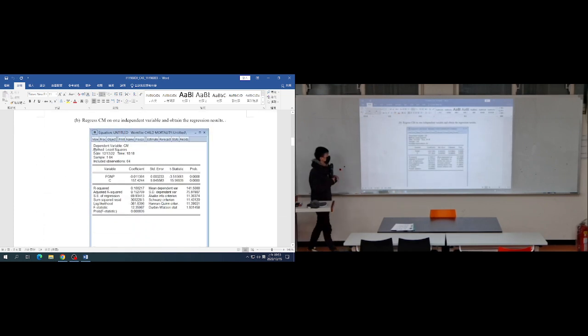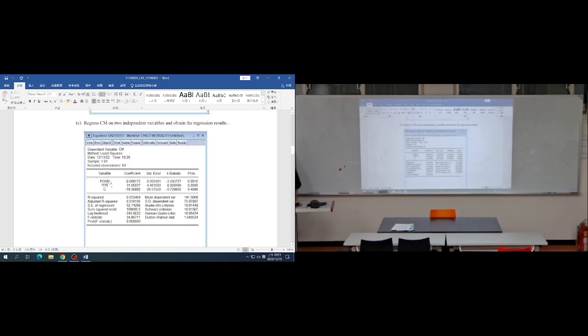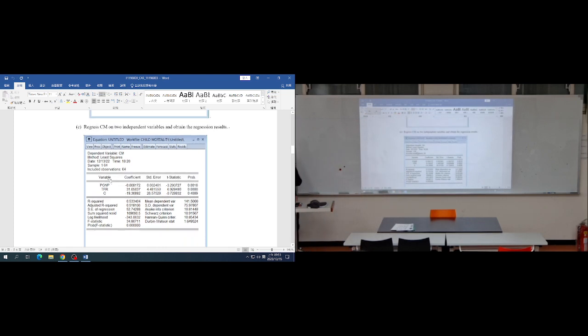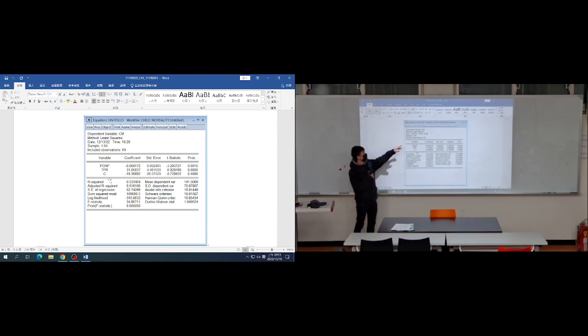Okay, so this is the regression model for just PGNP as the independent variable and CM as the dependent variable. And for our group, this one is for two independent variables, PGNP and TFR, with dependent variable child mortality.